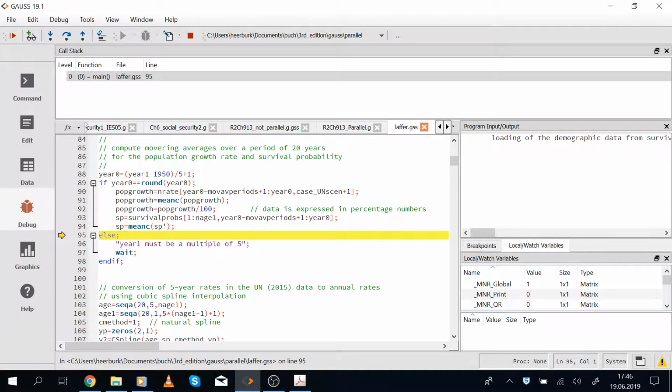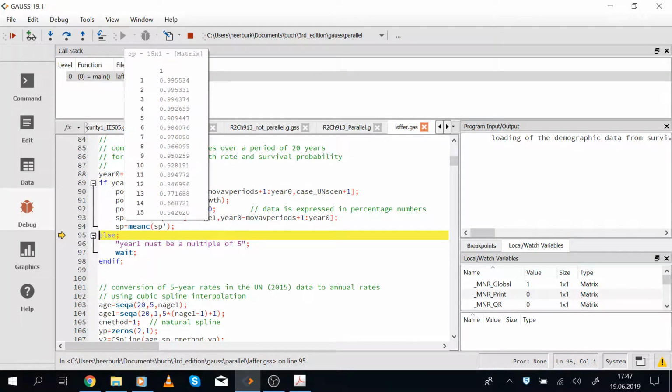Our population growth rate is now given by 0.00946 or 0.9%. That's our population growth rate in 2010, which is the average over the period 1990 through 2010. Similarly, the survival probabilities are the average survival probabilities during this period 1990 through 2010.